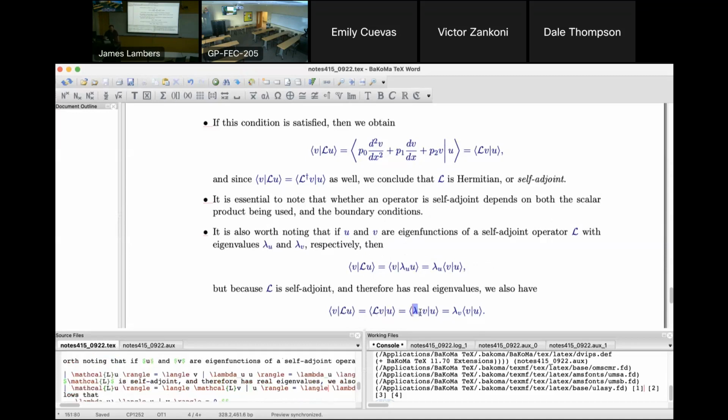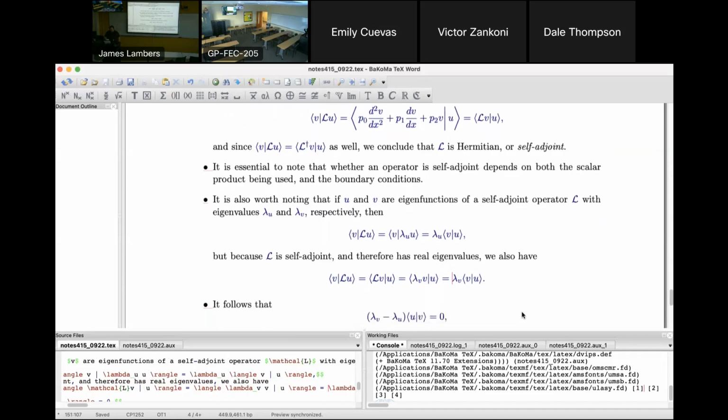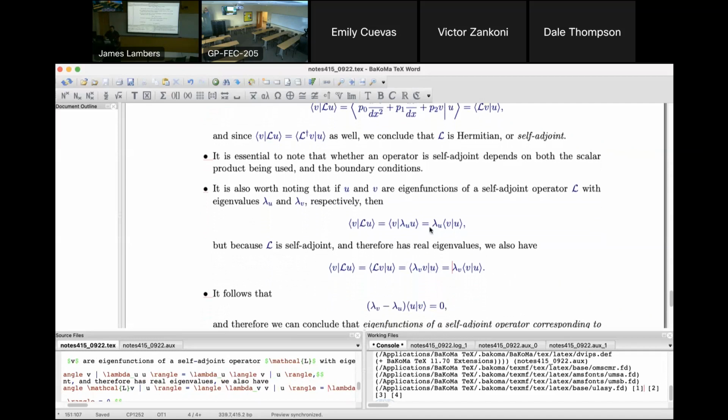But LV is lambda V times V because V is an eigenfunction. And then lambda V is also a scalar, I can pull it out. And I don't have to conjugate it because due to L being self-adjoint, I already know that lambda V is real. So I can pull it out as is. So these are equal.